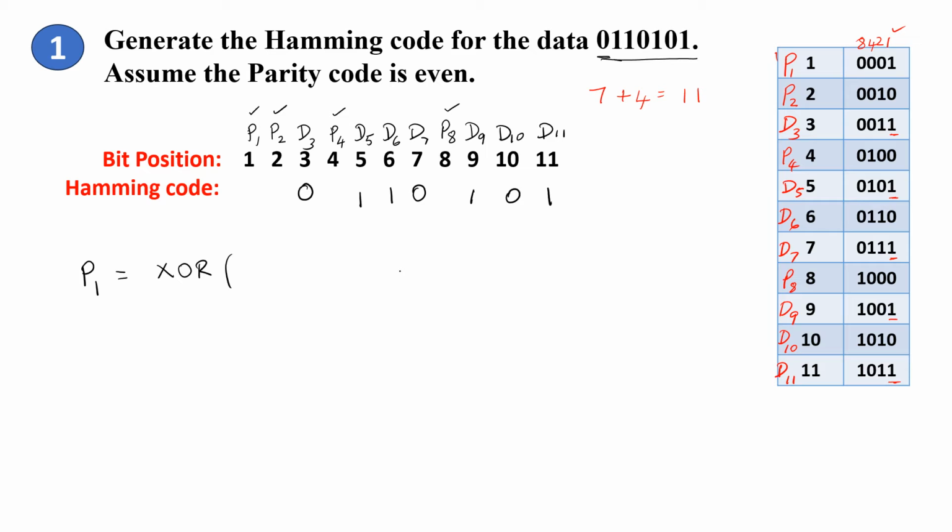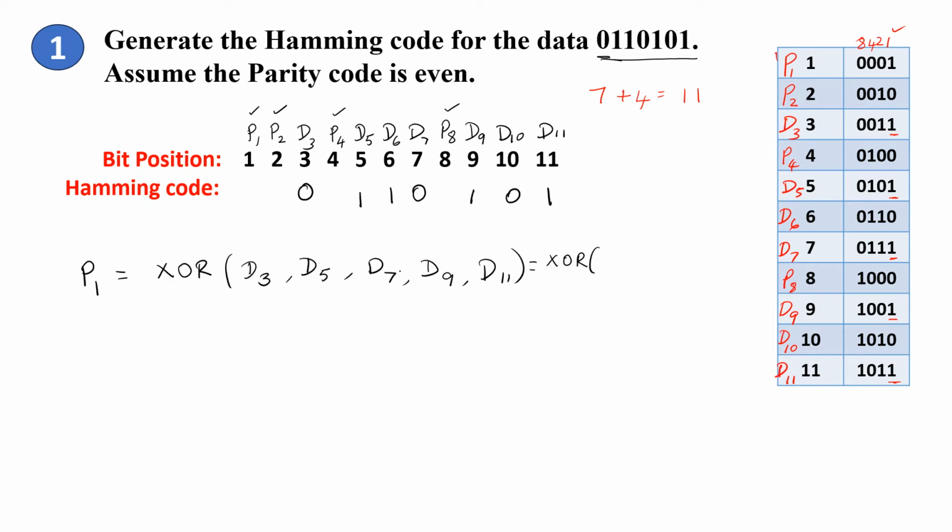So it is D3, D5, D7, D9, D11. That is equal to XOR of the values: D3 is 0, D5 is 1, D7 is 0, D9 is 1 and D11 is 1.